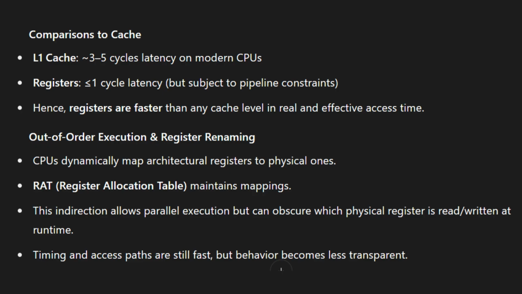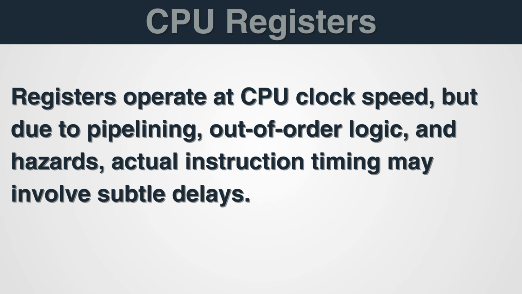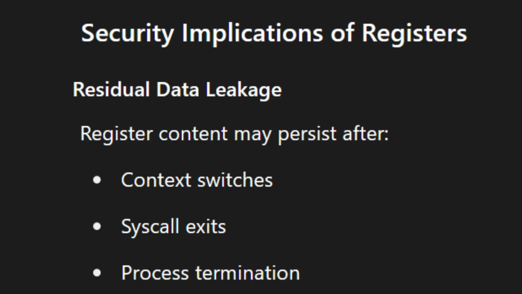Timing and access paths are still fast, but the behavior becomes less transparent. So registers operate at CPU clock speed, but due to pipelining, out-of-order logic, and hazards, actual instruction timing might involve some subtle delays. So there are a lot of security implications, as you are now aware, of these registers.